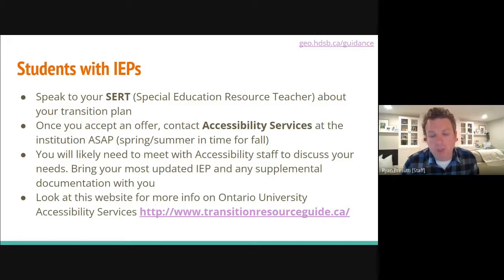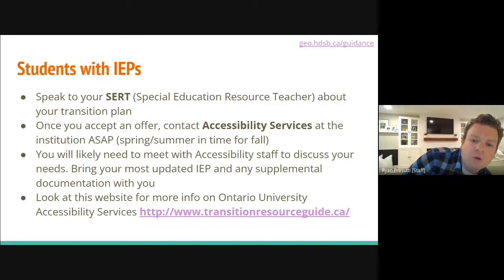I have heard colleges and universities say that they would like to see a psych ed report, a psychological education report that is dated within the last 5 years. So if a student comes with a report diagnosing a learning disability or something like that, but it's dated back to grade 5, that may not be sufficient for a college or university.